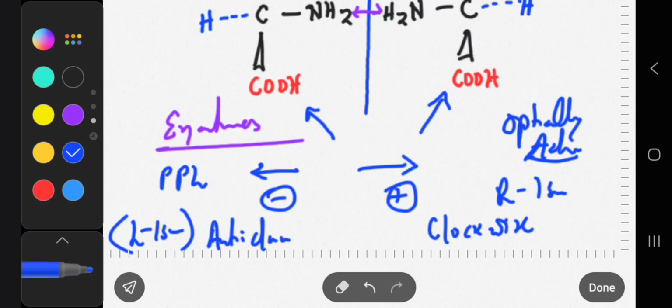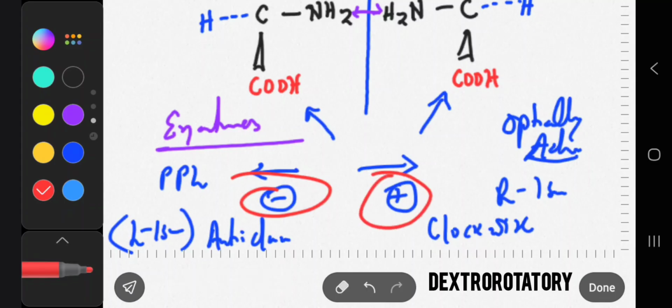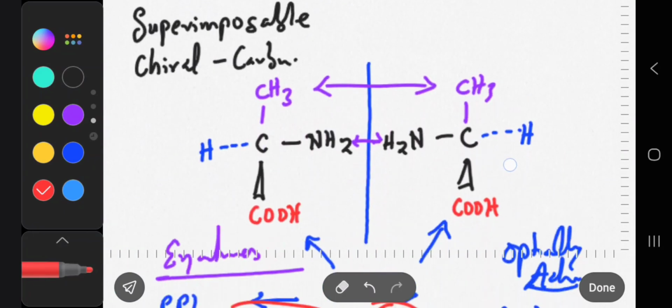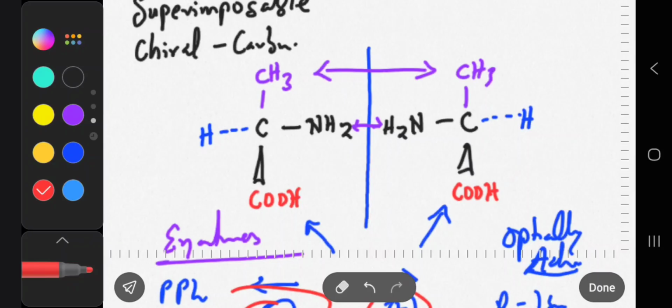So if they are rotating to the positive direction, they are said to be dextro-rotatory. If they are rotating to the negative, they are said to be levo-rotatory. So these are the optical isomers, okay? So basically, this is what you should know about isomerism.